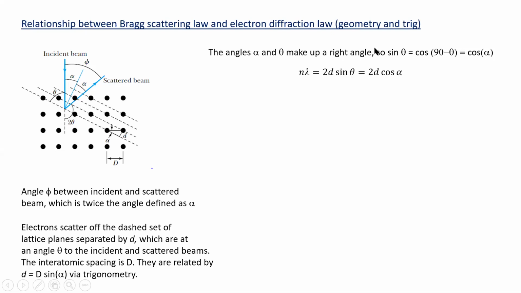So applying the Bragg diffraction to this set of planes, we have n lambda equals 2d sine theta, that's Bragg diffraction. That's 2d cosine alpha. Now, substituting in for little d, the lattice plane spacing, which is equal to the atomic spacing, big D sine alpha, which we determined down here, gives n lambda equals D sine alpha cosine alpha, with 2 in front.